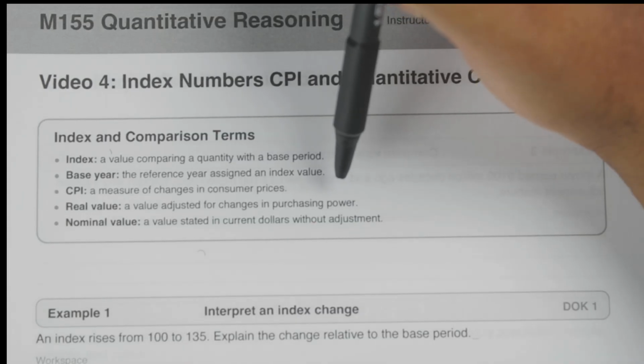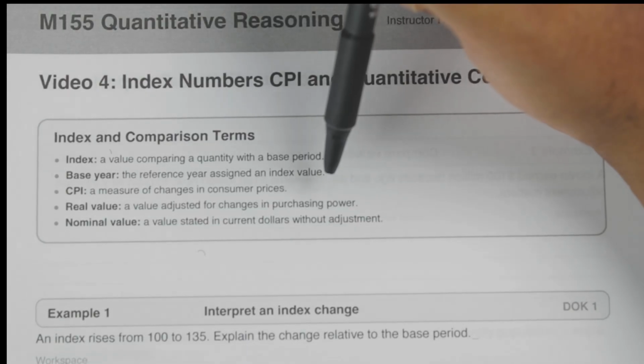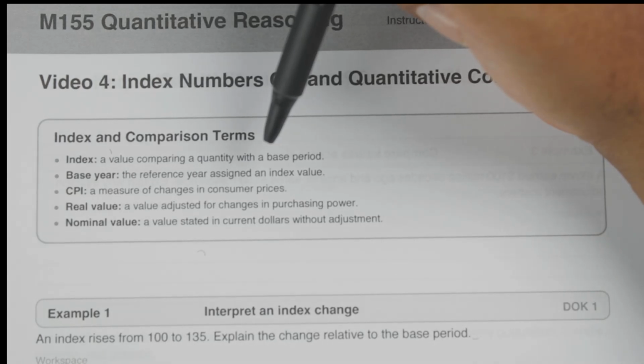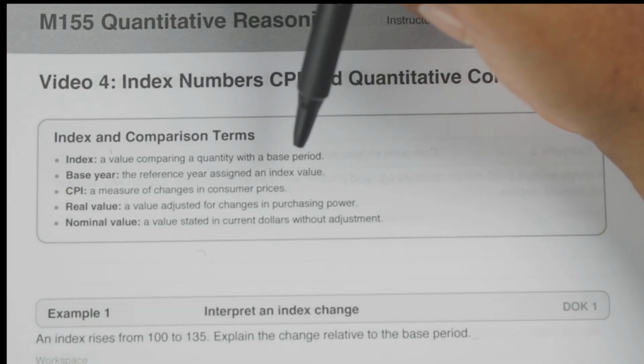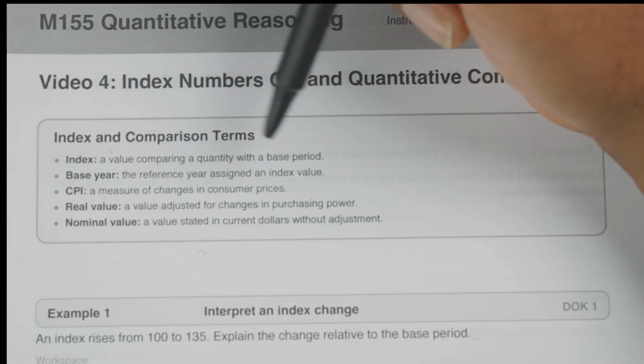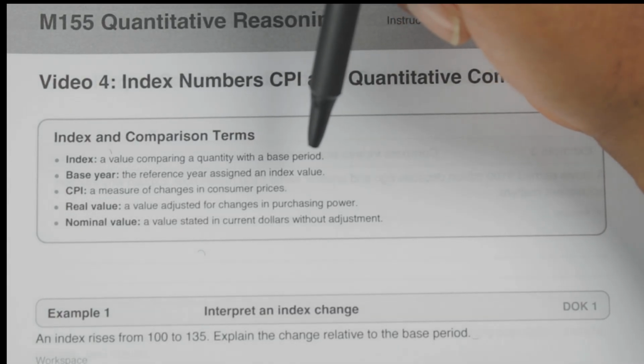So it's basically a reference year that we're going to use for comparison. Typically, the base year is assigned an index value of 100. So if an index value is equal to 100, that is the base period. If the index increases from 100, the quantity has increased relative to the base period. And if the index falls below 100, the quantity has decreased relative to the base period.